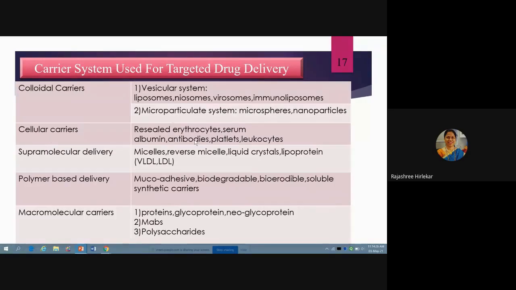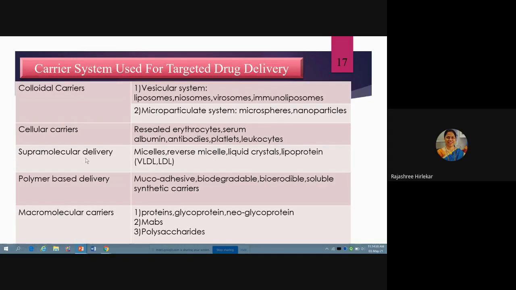Then cellular carriers like resealed erythrocytes, serum albumin, antibodies, platelets, and leukocytes. Here you can have these as carriers for directing the drug. Then supramolecular delivery systems like micelles, reverse micelles, liquid crystals, and lipoproteins, such as very low density lipoproteins and low density lipoproteins.